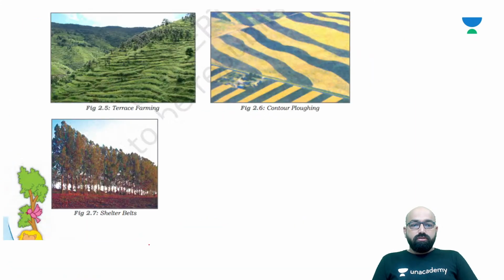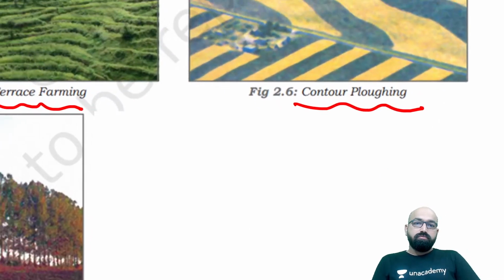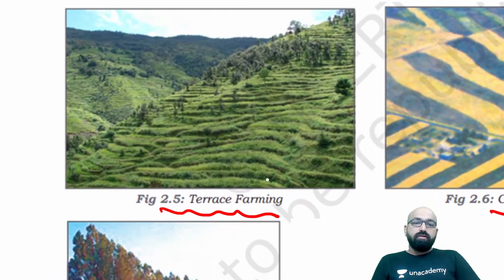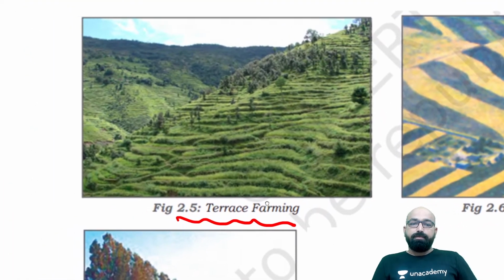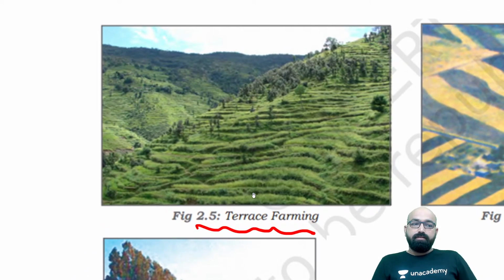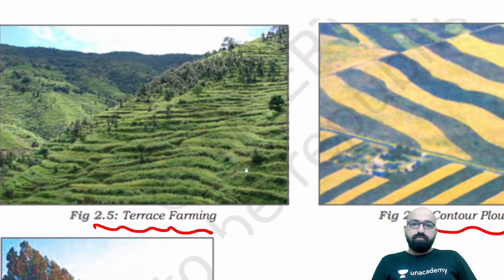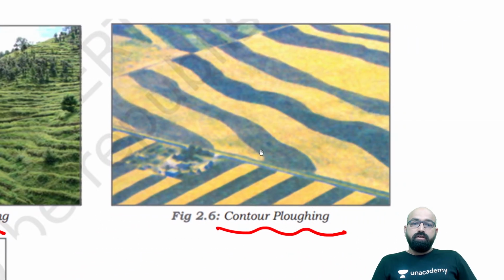So see the shelter belts, contour ploughing, terrace farming. This is the terrace farming. Then contour ploughing.